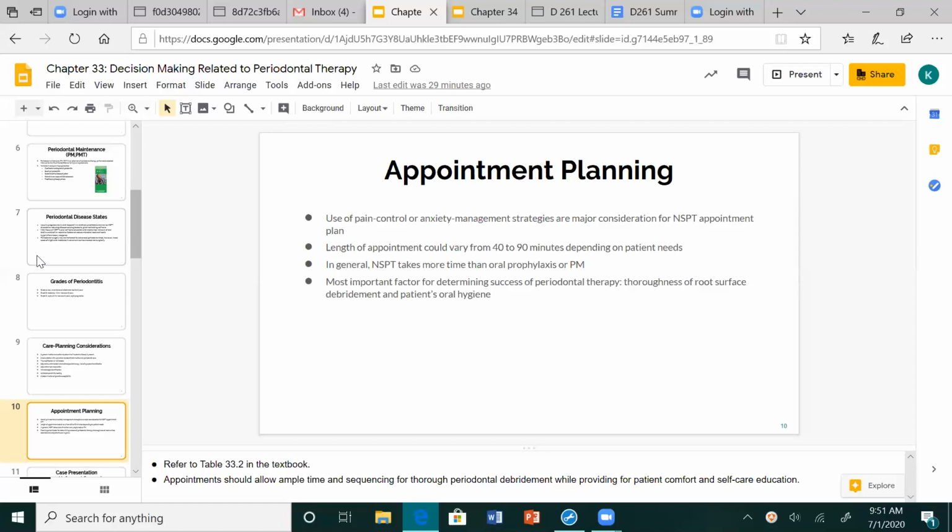Insurance also doesn't allow that because they recognize that if you're doing it in 40 to 90 minutes, it should probably be scaling in the presence of moderate to severe inflammation, the D4346 code, or something else. But in general, NSPT takes more time than oral prophylaxis or periodontal maintenance, okay?